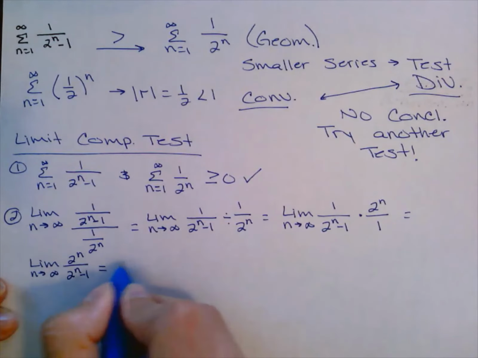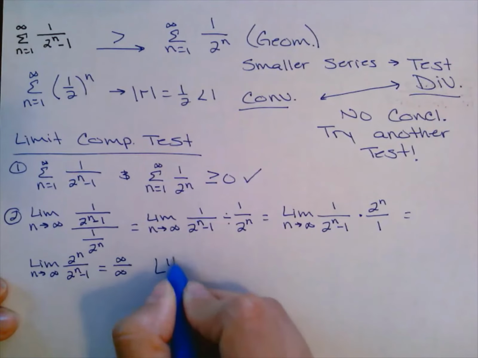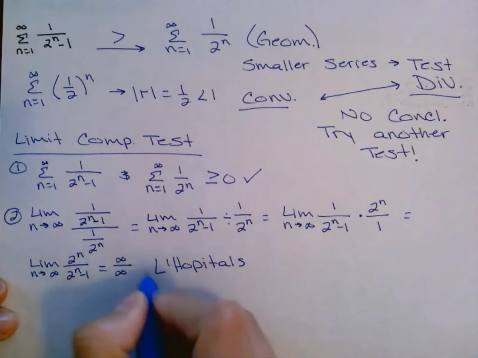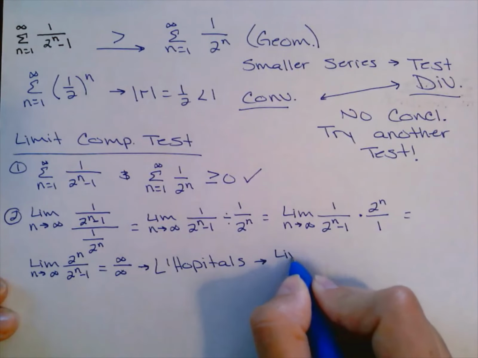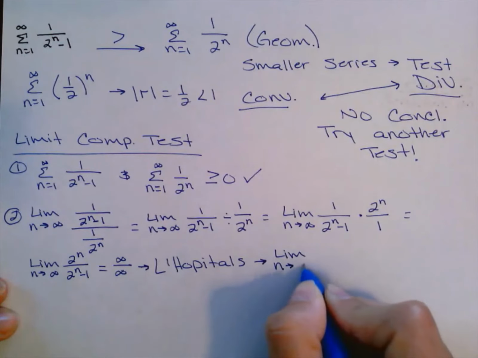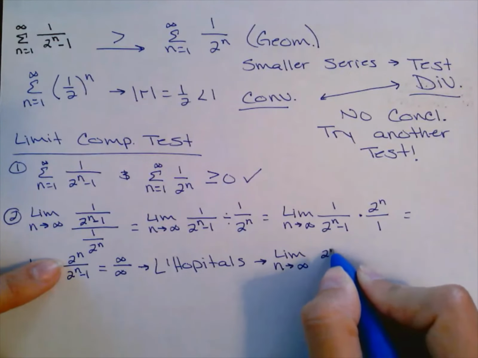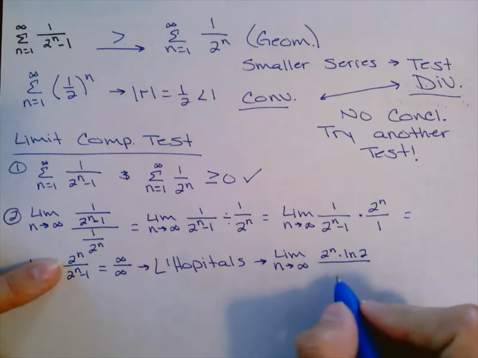Right? So when I solve this, I get infinity over infinity, which means I have to do L'Hopital's. Okay? So I'm doing the limit as n approaches infinity. The derivative of this exponential function is a rewrite times ln of the base times derivative of the exponent, which is 1.